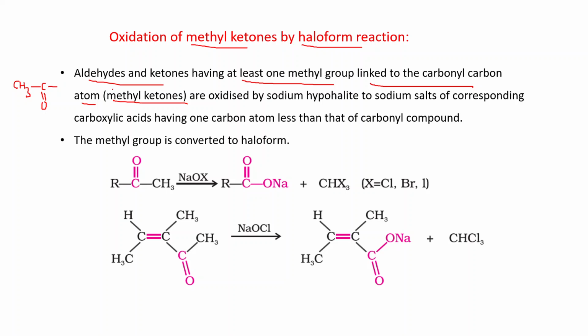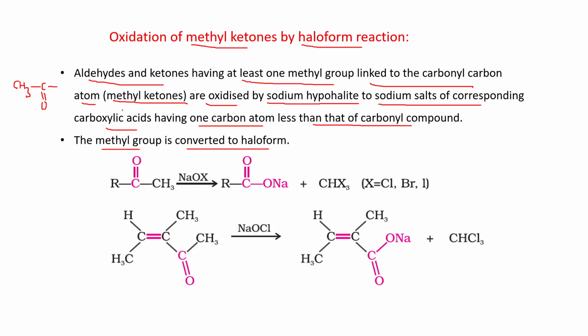Okay, and these methyl ketones are oxidized by sodium hypohalite to sodium salts of the corresponding carboxylic acids having one carbon atom less than that of the carbonyl compound. The methyl group is converted to haloform.